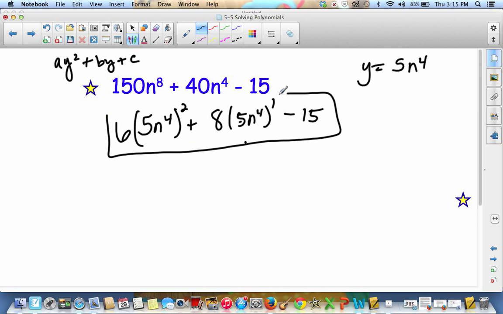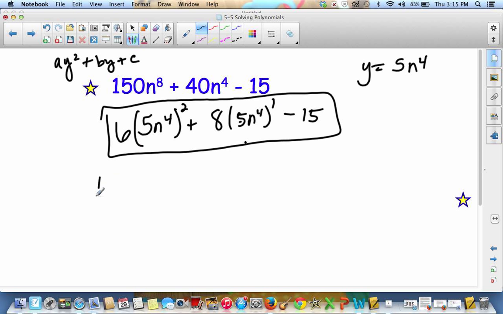Like this. And some of you asked, can we wait to factor that out? Does it have to be in the y? I think it would work out. The only thing is that we want it to be in quadratic form now.